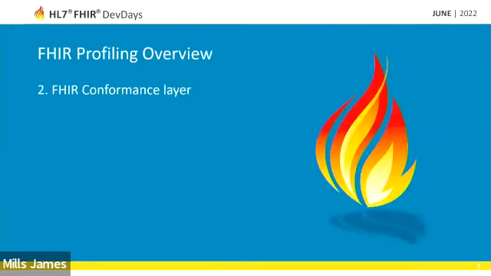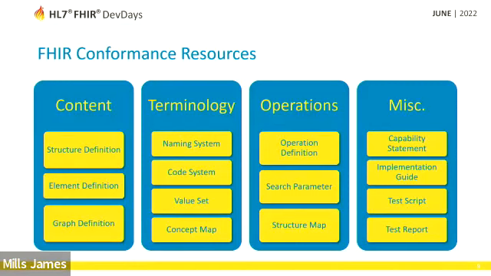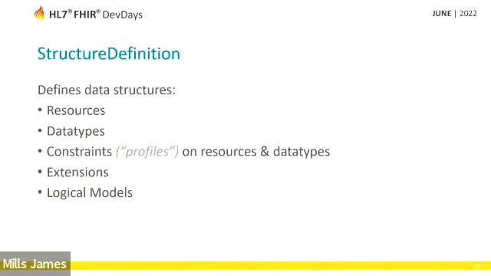So just a little bit more about the FHIR conformance layer. This is a list of some conformance resources that are in there. It's not complete, and I won't address all of them, but I will go through the main conformance resources that you will encounter when you start profiling. The first one is the structure definition.